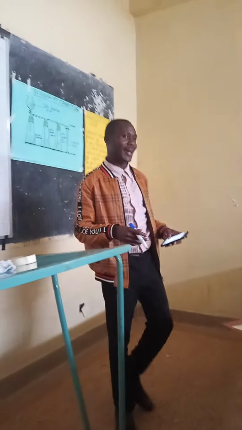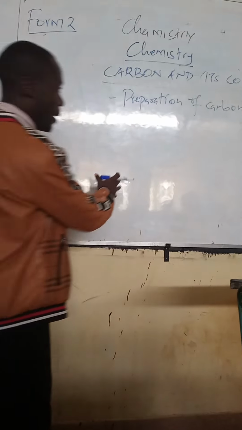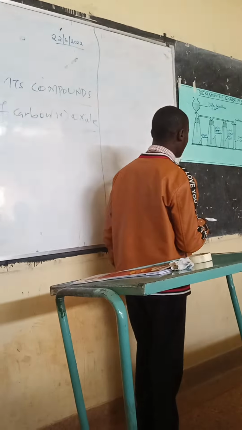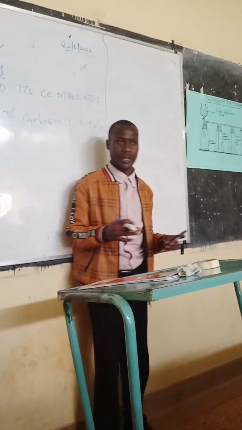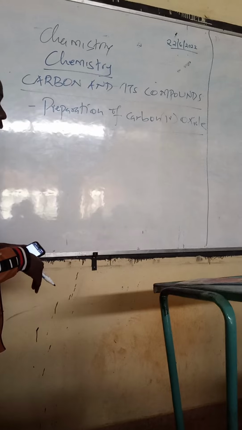It is also used in fire extinguishers. Now, for us as scientists, we need to prepare our own gas so that we don't depend on other persons. Now, how can we prepare this? What are the raw materials in the preparation of this carbon dioxide?